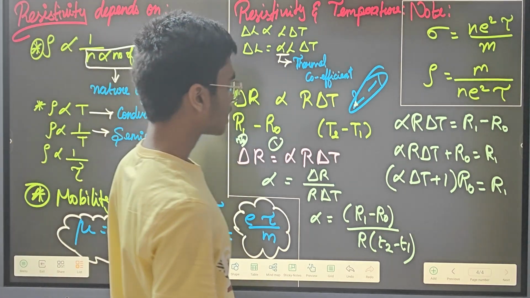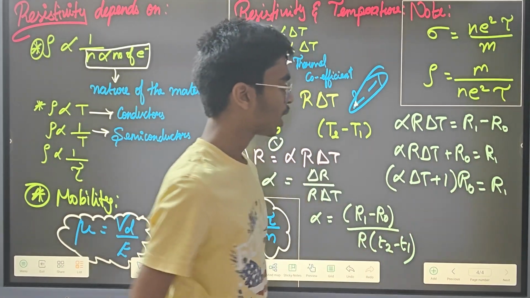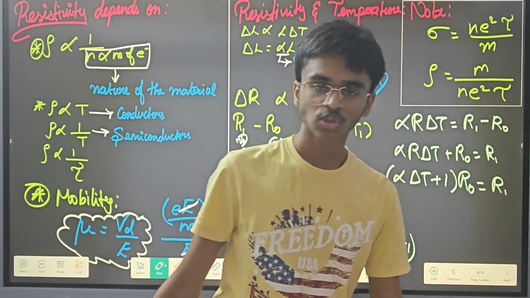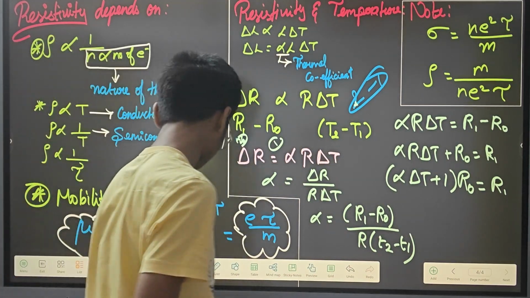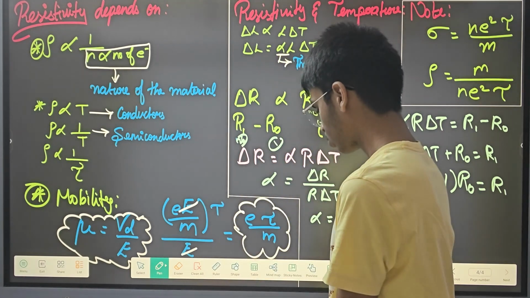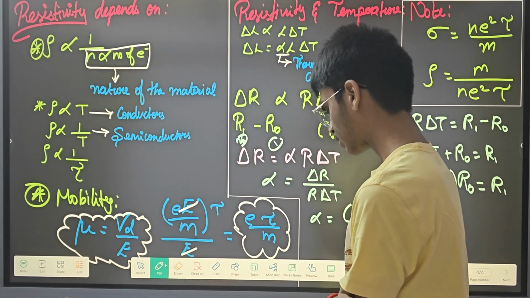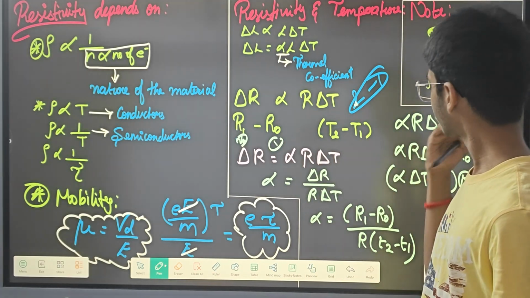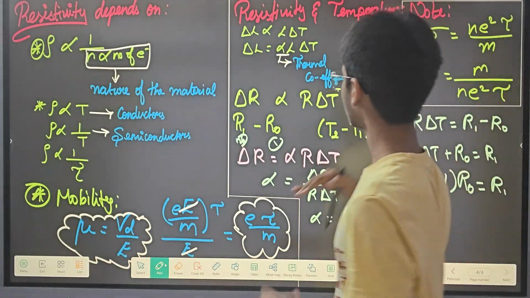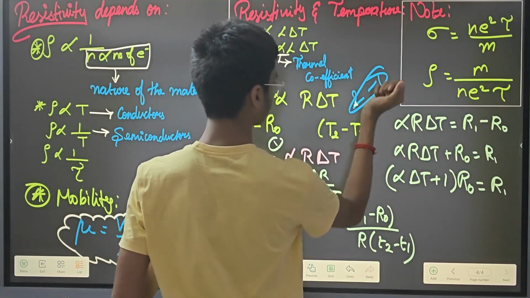But in some cases, instead of R naught, they would have given R1, and here they would have given R2. That is also okay. If this is very confusing for you, I will just write it in a different way.